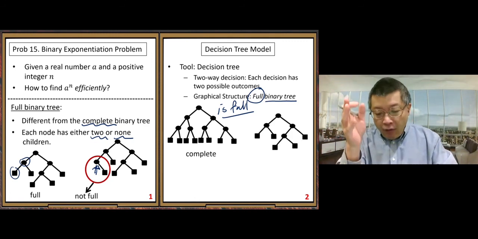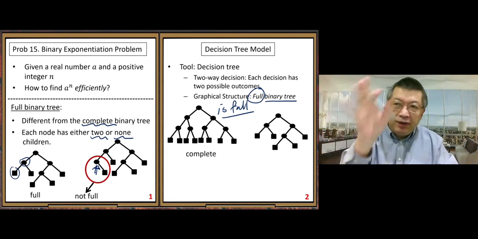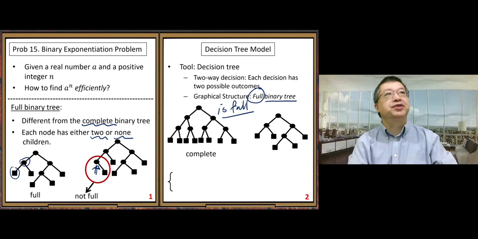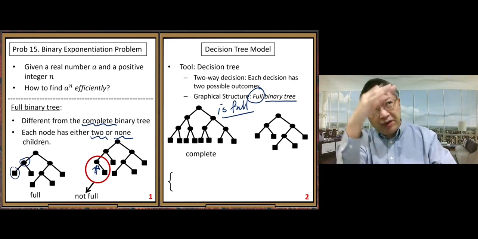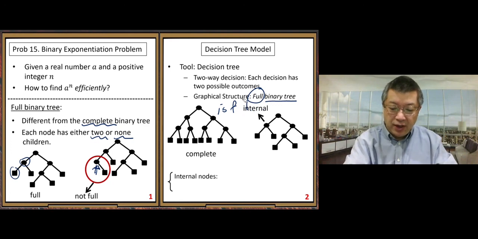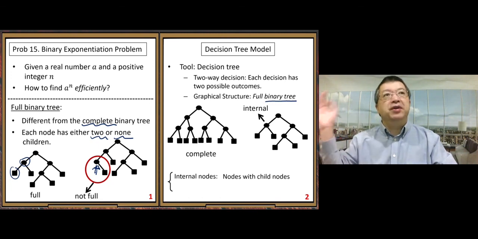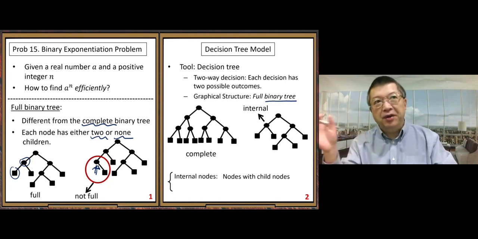Then in a full binary tree, we can see there are two different types of nodes, so we separate these two types. The first type we call internal nodes, those nodes with two child nodes.